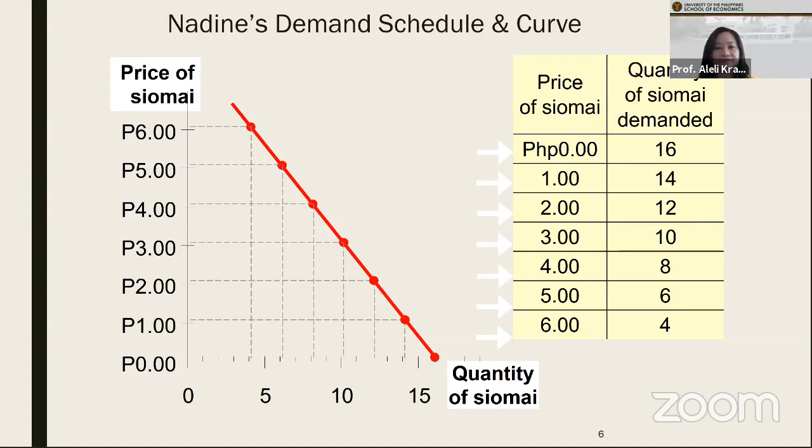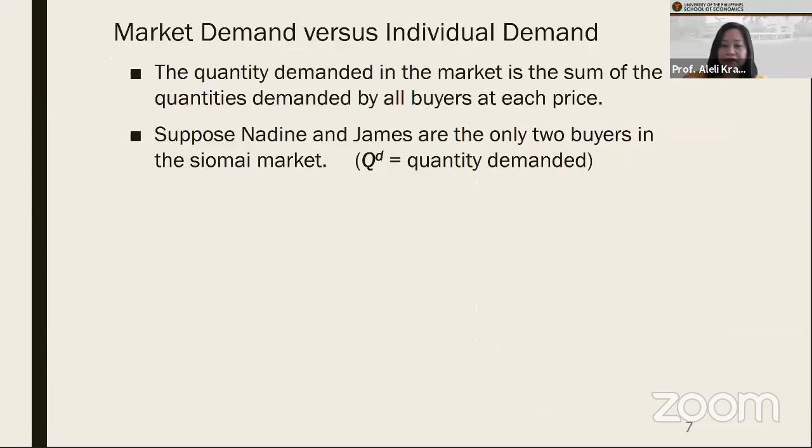Okay. Now, what we have shown here is the demand of an individual person. But then we differentiate that from the market demand curve. The latter is the sum of all the quantities demanded by all the buyers at each price.